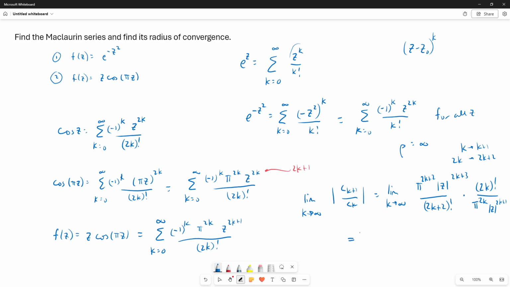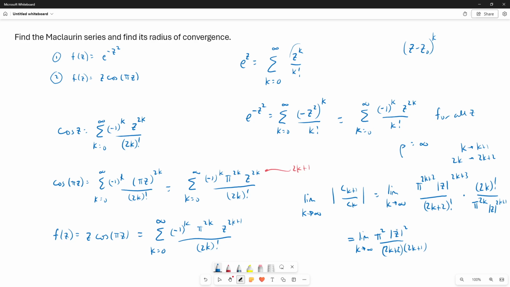And now this is equal to, simplify things, pi to the 2k plus 2 divided by pi to the 2k is pi squared. And then the modulus of z squared, and then divided by 2k plus 2 times 2k plus 1.